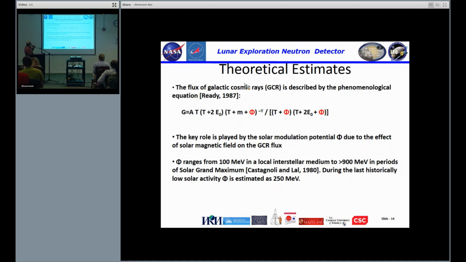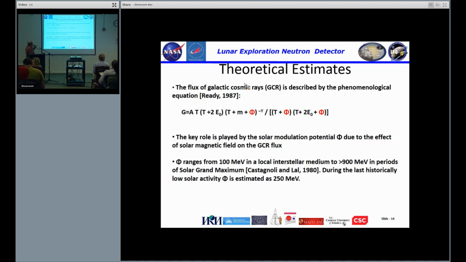What is most important, marked in red, is the solar modulation potential, which is due to the effect of the solar magnetic field on the galactic cosmic ray fluxes. I have to mention that it's called a potential, but it's presented in energy units, MeV.